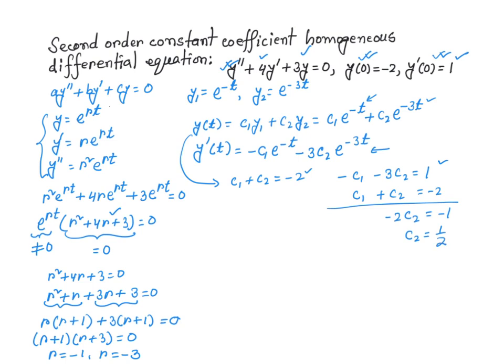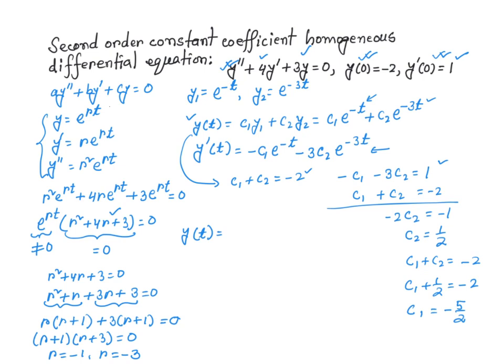And c1 plus c2 is equal to negative 2, so c1 plus 1/2 is equal to negative 2, or c1 is equal to negative 5 over 2.